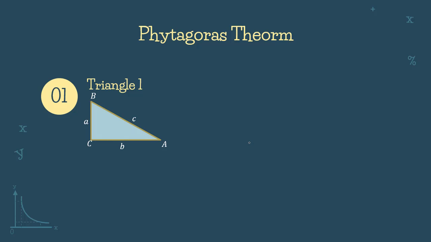We have a triangle like this, triangle ABC. Triangle ABC, of course, has three sides, which are AC, CB, and BA.